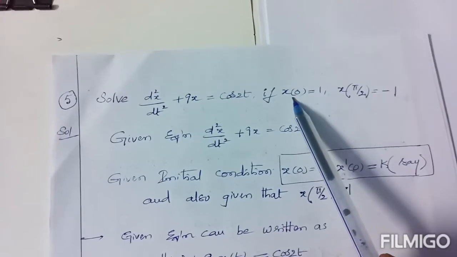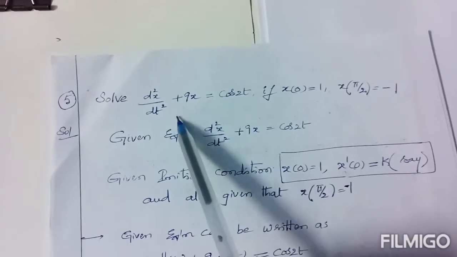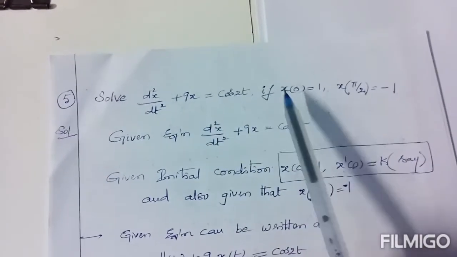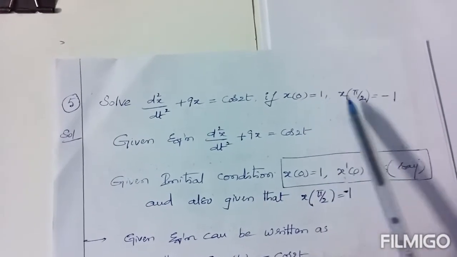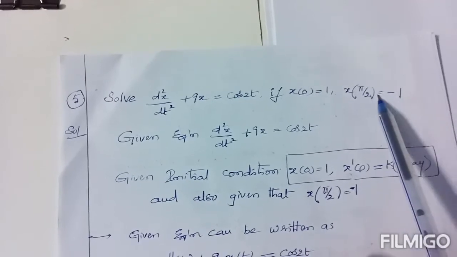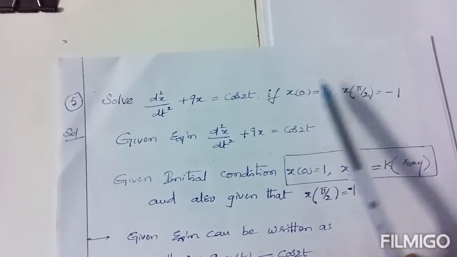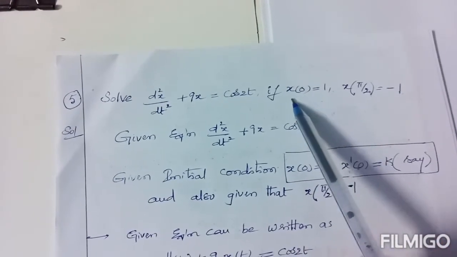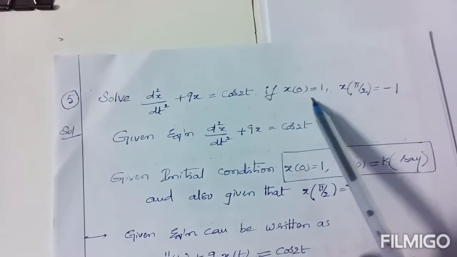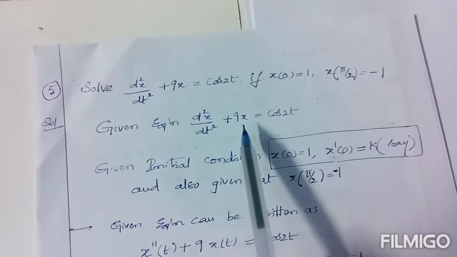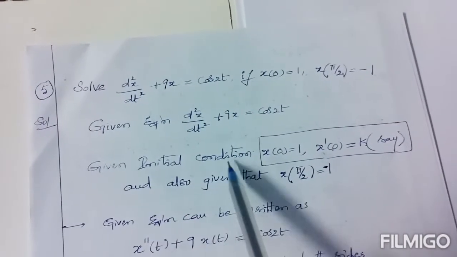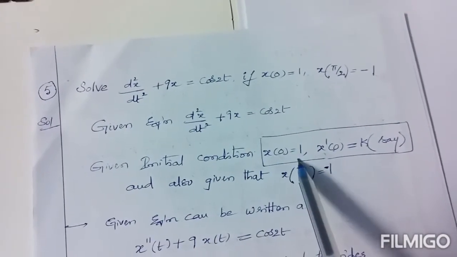We need x of 0 and x dash of 0, but out of two only one condition is given. This is the initial condition, but here the x value is defined at pi by 2 equal to minus 1. So only one initial condition is there, but we need another initial condition also. First write the given equation as it is. Given initial condition x of 0 equal to 1.